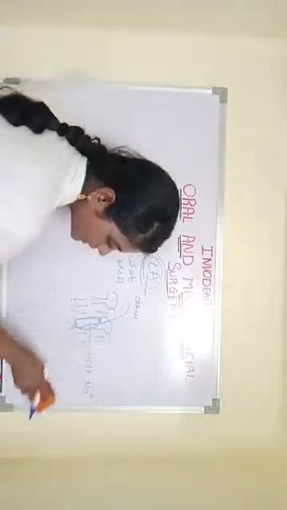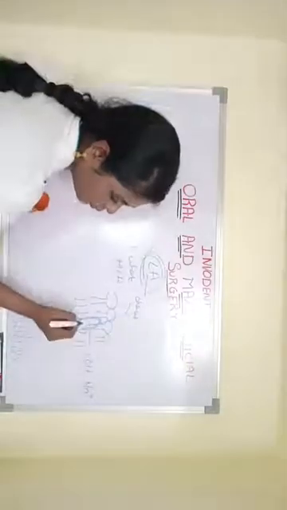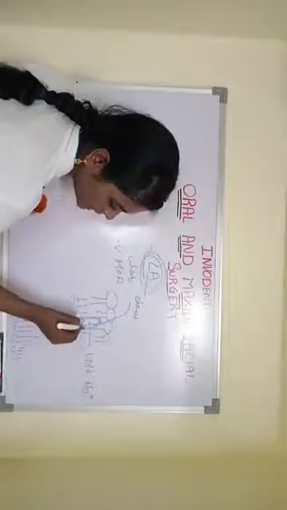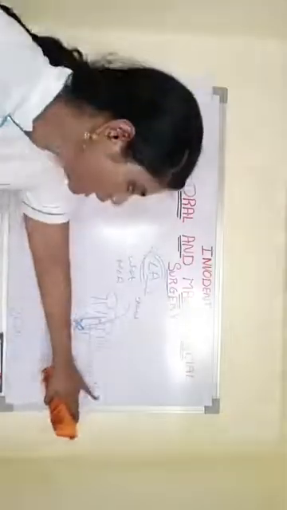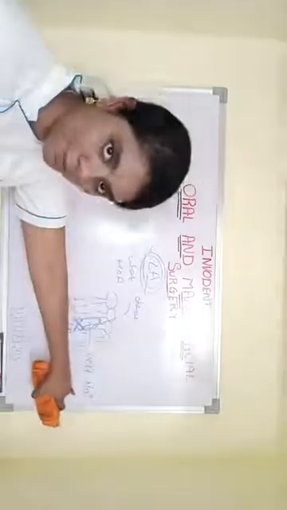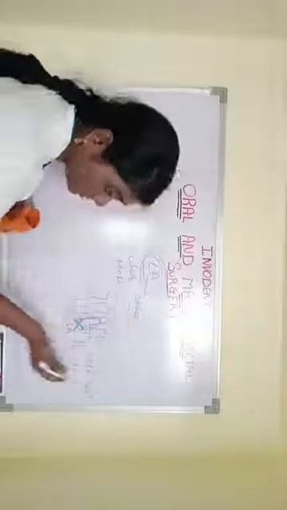What happens when we give a local anesthesia? Our local anesthesia will come in and block the voltage gated sodium channel. This blockade of the voltage gated sodium channel on the bilipid layer will restrict the sodium from coming in.